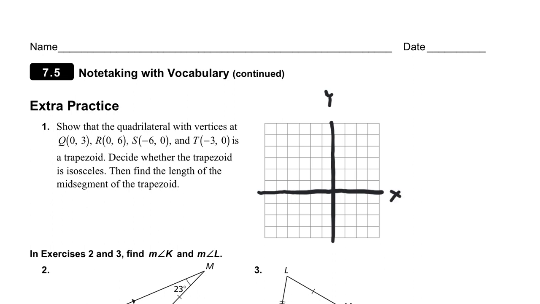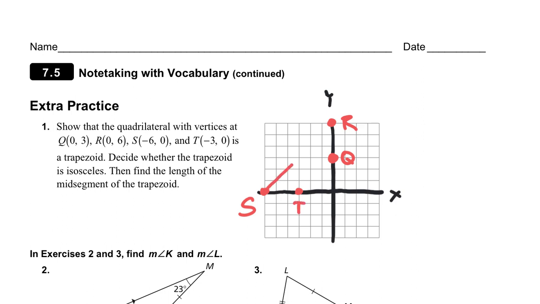Let's go ahead and plot these points. We have (0, 3), and that is our Q. We have (0, 6), that is our R. And then we have (-6, 0), that is S. And then we have (-3, 0), that is T.